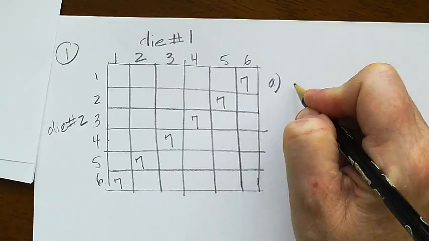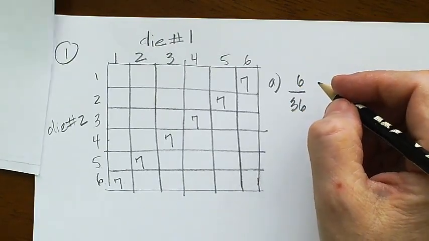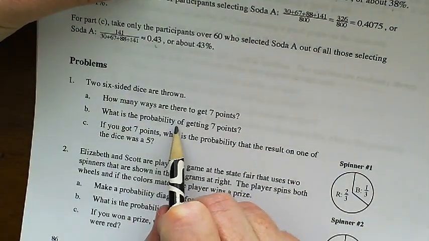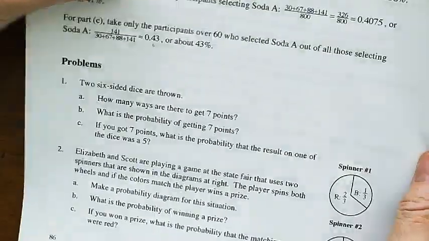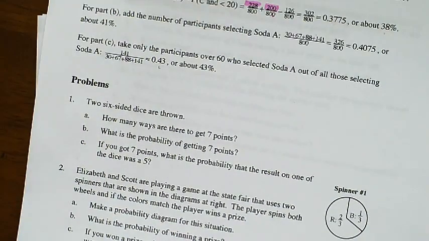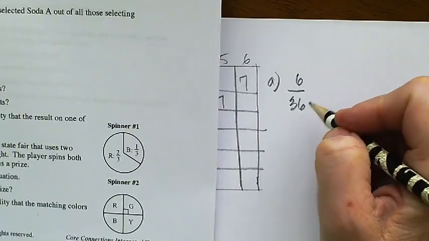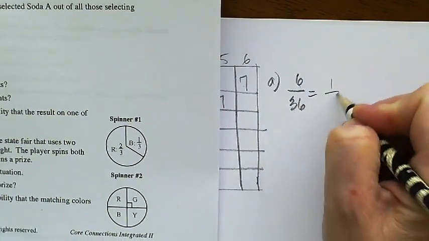So for part A, that would be 6 out of 36. Oh, I think I just answered both of those. So there are 6 ways, and the probability is 6 out of 36, or 1 over 6.